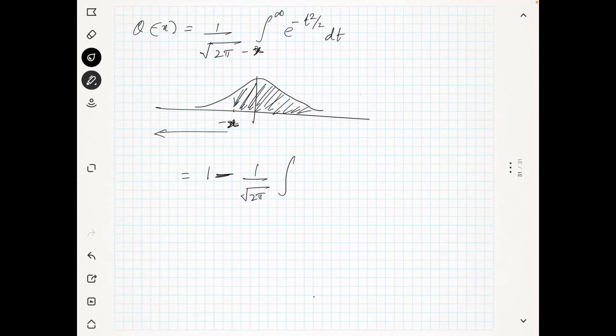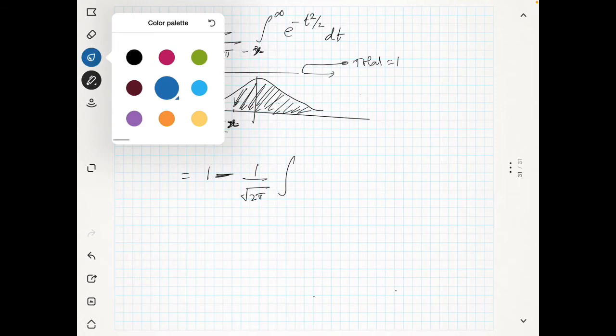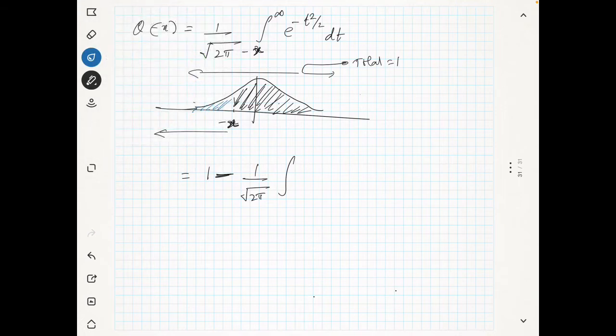So the total is equal to 1. So 1 minus this area, and what is this area? I am going to write it in blue color anyway.